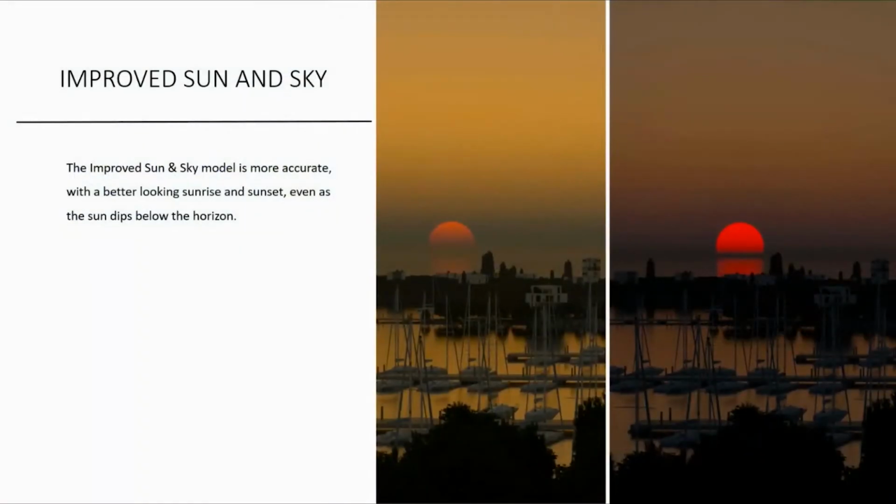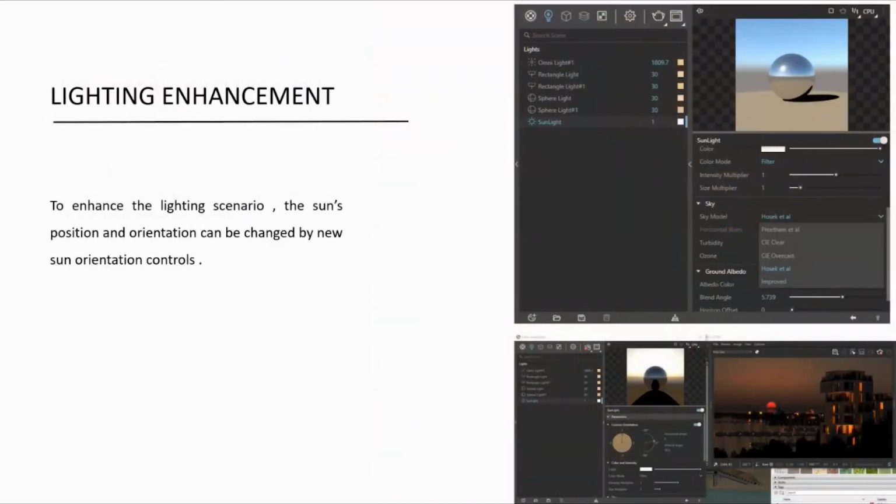VRay made some improvements to the new sun and sky. This is more accurate for better looking sunset and sunrise. We can even make an effect as the sun dips below the horizon. And you might know that in the previous version, we would edit the sun by changing the date and time in SketchUp.